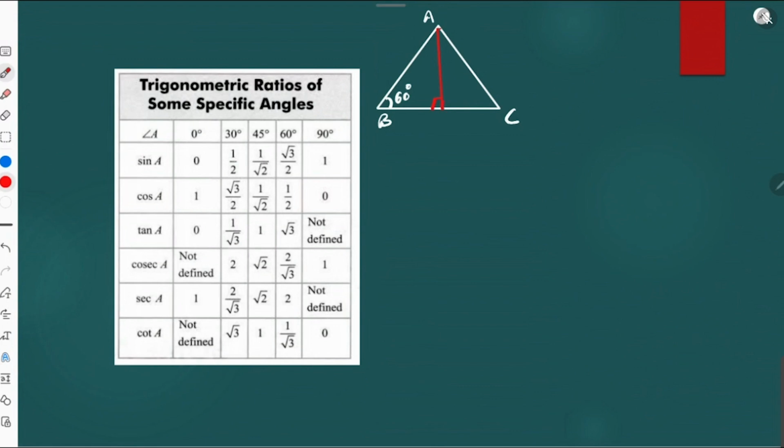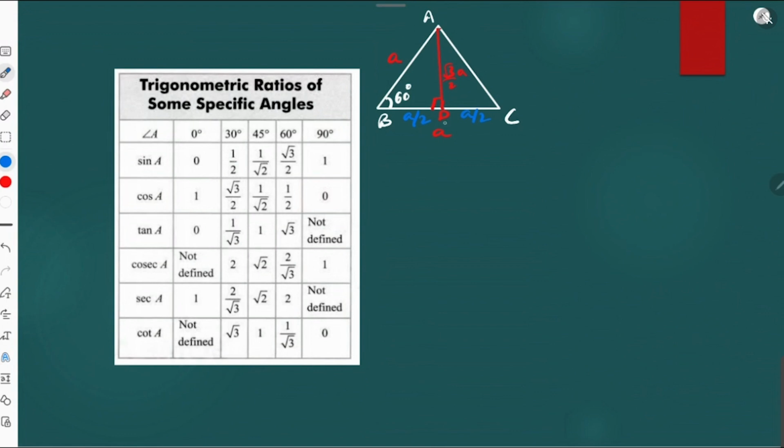If the side of the triangle is a, the altitude is root 3 by 2 a, and this side is also a. And we know that median and altitude are the same in an equilateral triangle, and it divides that side into two equal parts, so it is a by 2, a by 2.